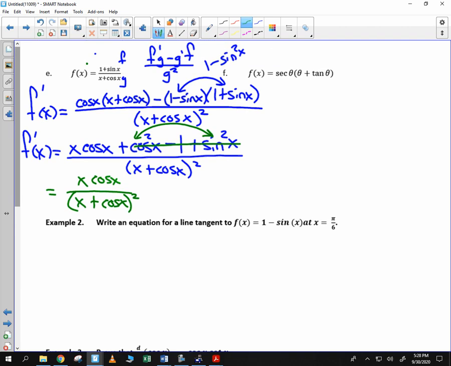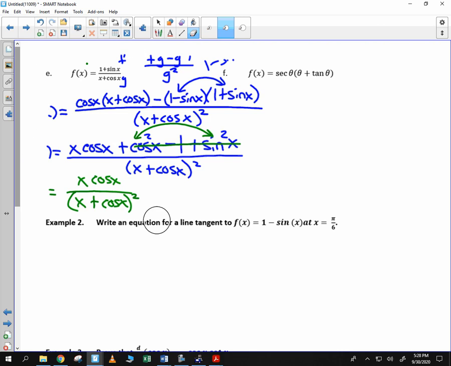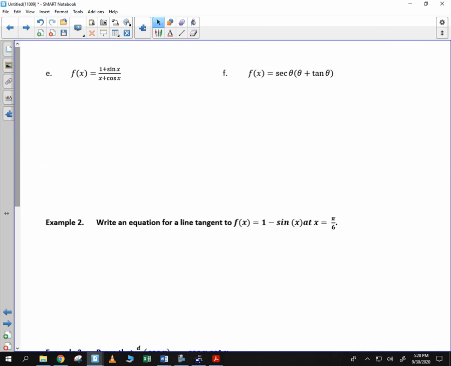Let's look at the next one. Here, I would like to use the product rule. I have f, and I have g. Should say f of theta, not f of x.